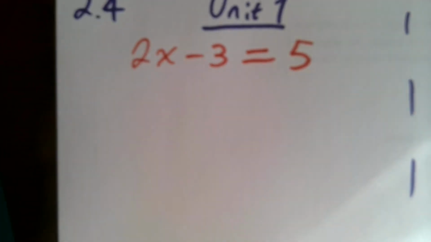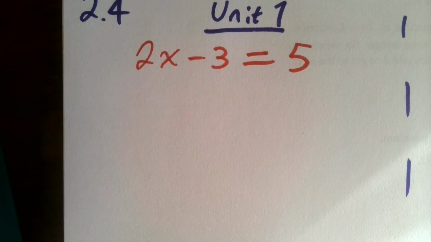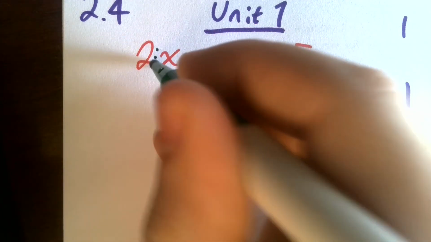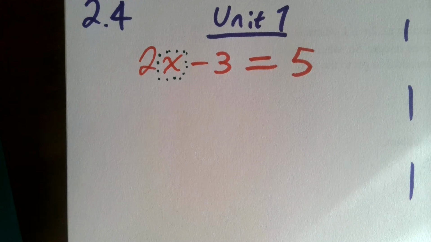If we take a look at this problem a little more closely, what are we trying to get by itself? Well, our goal is always to get our variable by itself. That's when we have a solution in Unit 1. So we want to get this x all alone. Okay, well, what's preventing it from being by itself? There are two things that are attached to our variable here.